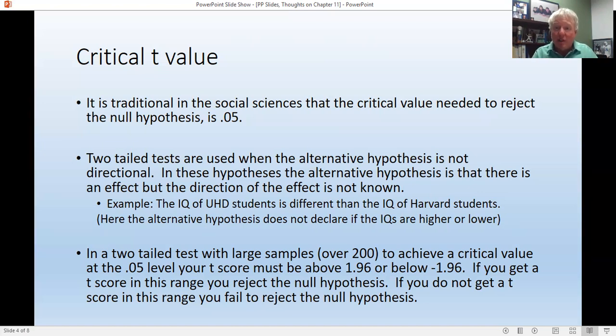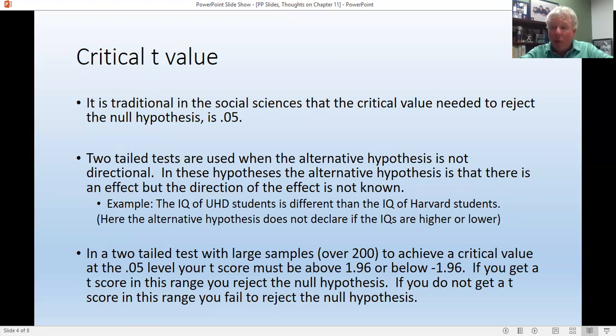Okay, so in these two-tailed tests, with large samples, if you have a sample over 200, for instance, to achieve the critical value at the 0.05 level, the t-score either has to be above 1.96 or below negative 1.96. That would mean that any t-score between negative 1.96 and 1.96, for instance, a negative 1 or a positive 1, both of those are between negative 1.96 and 1.96.